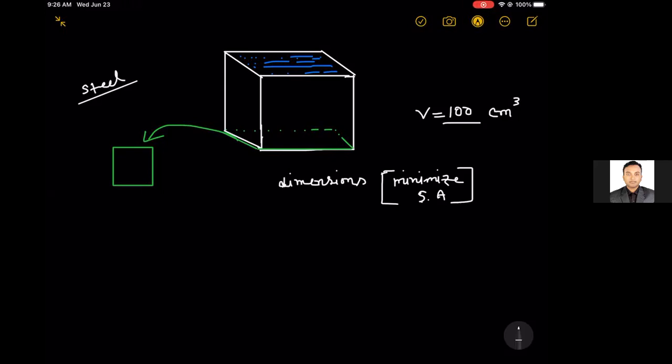And of course, for any object of this shape, we need to know how to calculate the volume and the surface area, right? We also need to know the surface area.